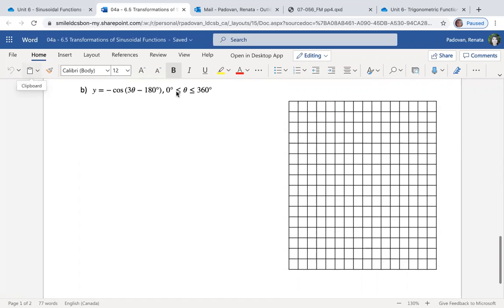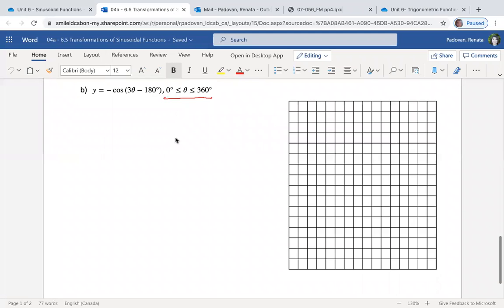Now, if I look here, I'm only going between, sorry, I need my pencil here, between 0 and 360 degrees. So because it's from 0 to 360 degrees, let's say I could be right along this axis here, right? Sure, I'll go right along that axis.